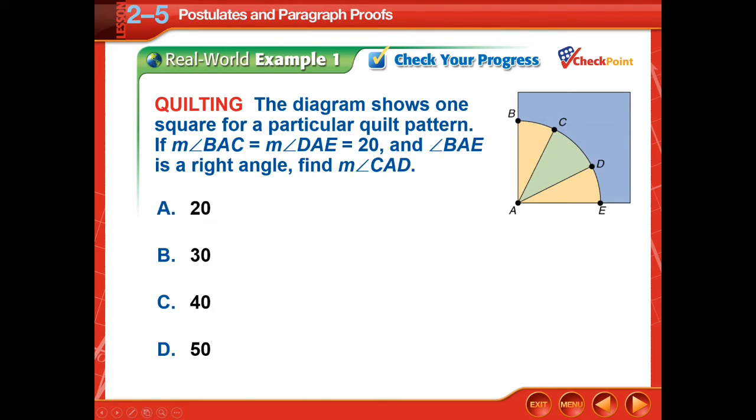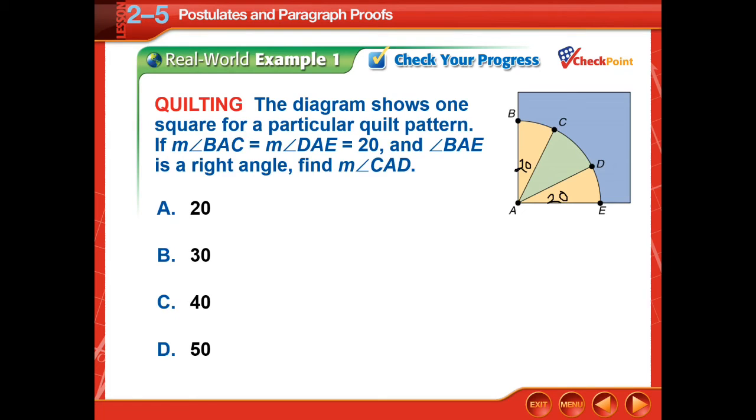So here's a real-world example. The diagram shows one square for a particular quilt pattern. We know that the measure of angle BAC is equal to the measure of angle DAE, and we know that they are both 20 degrees. So I know that this is 20 and this is 20.